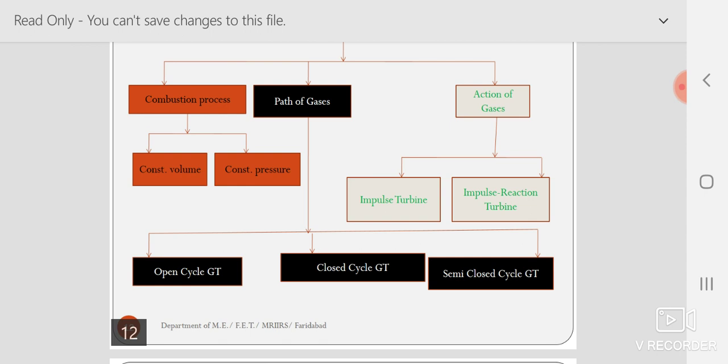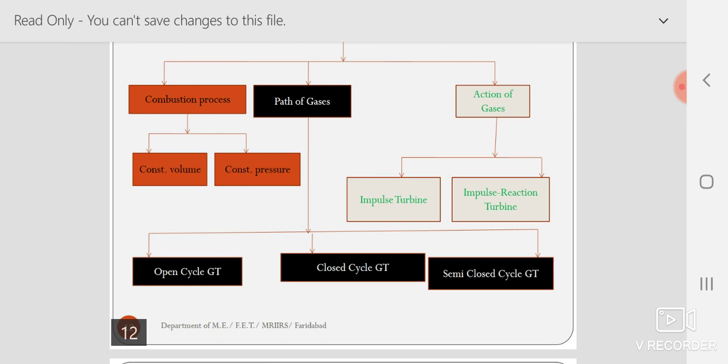In the case of the closed cycle gas turbine, the gas comes into the compressor and gets compressed, and the pressure and temperature rise. Then it goes to the combustion chamber where, at constant pressure, heat is added, so the temperature rises. The gas is now at high pressure due to high compression, and high temperature due to both compression and heat addition.